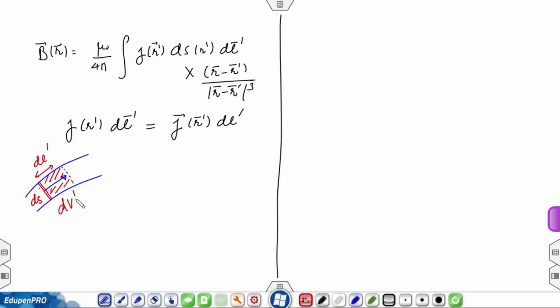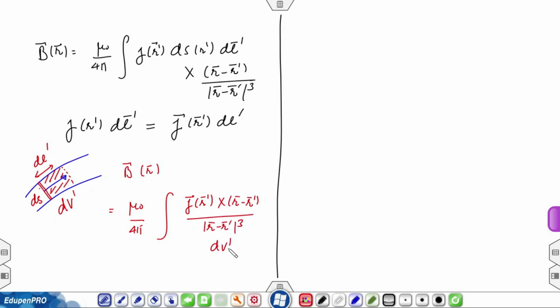So, I can write the above formula for B at r as mu naught over 4 pi integration j r prime cross r minus r prime, because now cross product will be with that vector, over r minus r prime cubed dv prime.